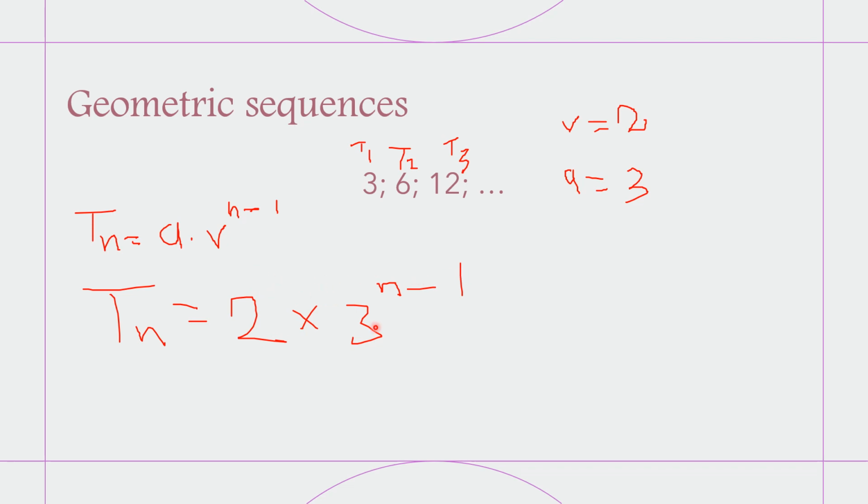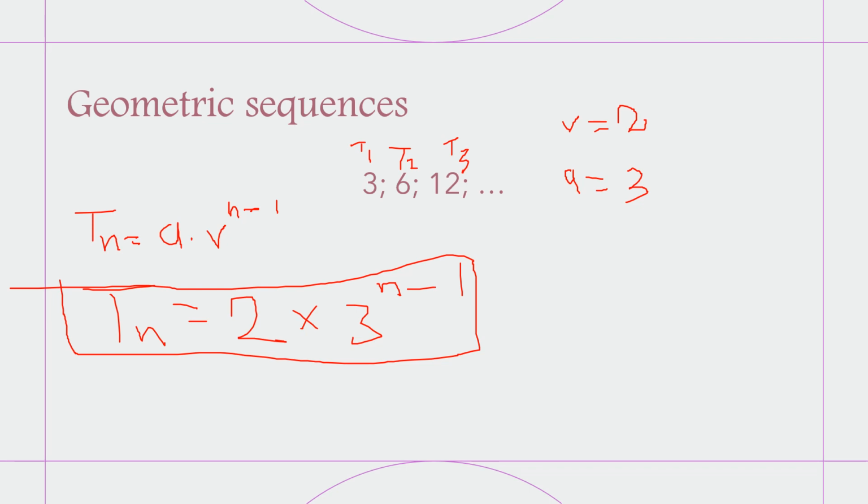But in this case, we don't have the same exponent. Therefore, we can't multiply the bases. And you also remember the other law: if you multiply the same base, you add the exponents. But when we move forward, you will see what I'm talking about. So for this sequence, this is our general formula that we can use to determine any value in the sequence.